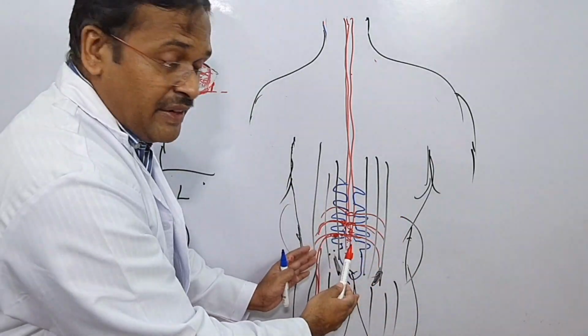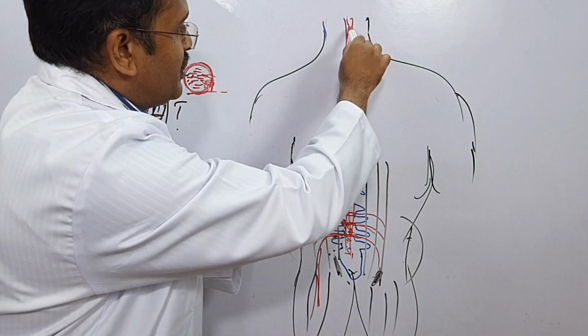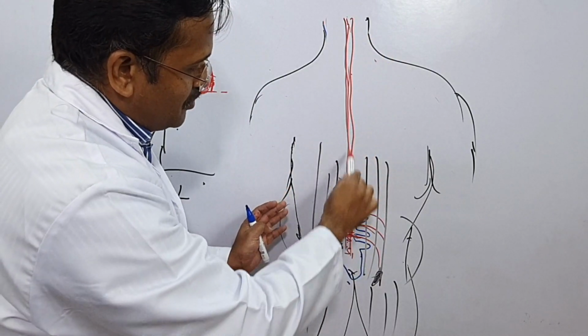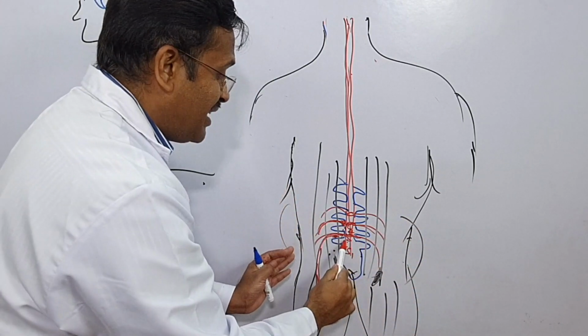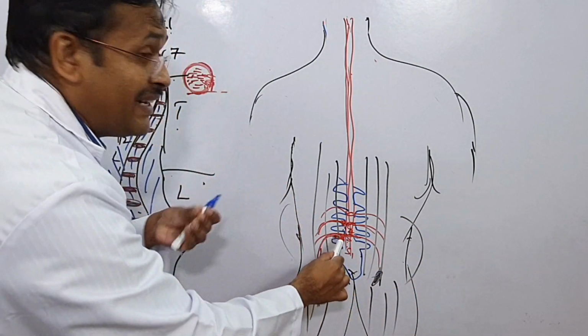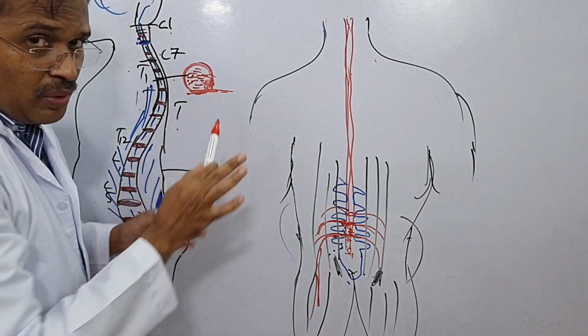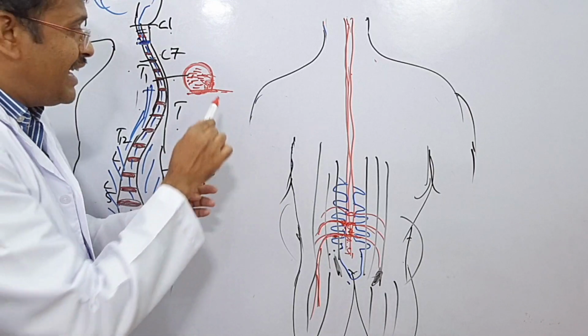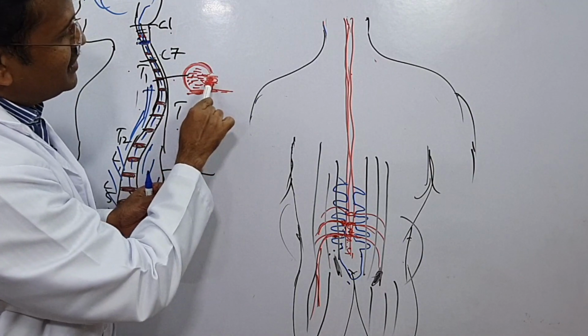This is the main spinal cord. From the spinal cord, the nervous system branches out and comes out through the intervertebral area. When the nerves come out, they pass very close to the disc. So when there is a problem or damage in the disc, the damage leads to leakage of the jelly outside.